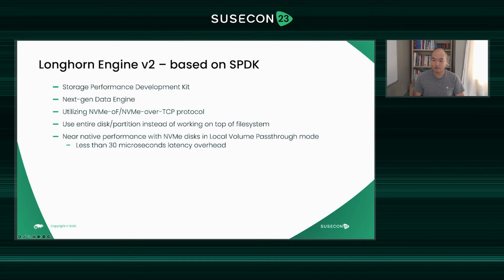Currently, as you know, Longhorn is using the file system and some features of the file system to implement snapshots and other mechanisms. That will be history, because starting with Longhorn Engine v2, we have the ability to use the entire disk or partition as you want, instead of working on top of the file system and depending on the file system to do the sparse detection or some other work.